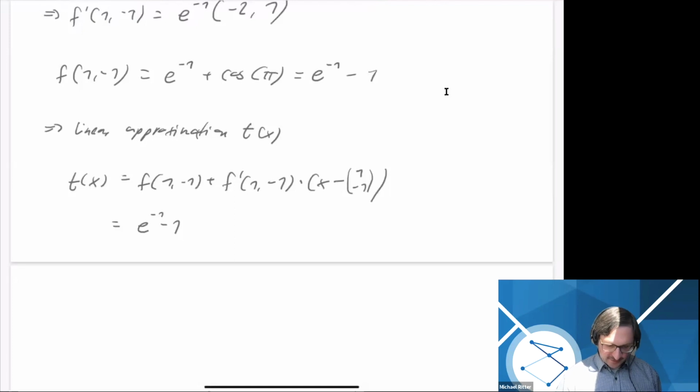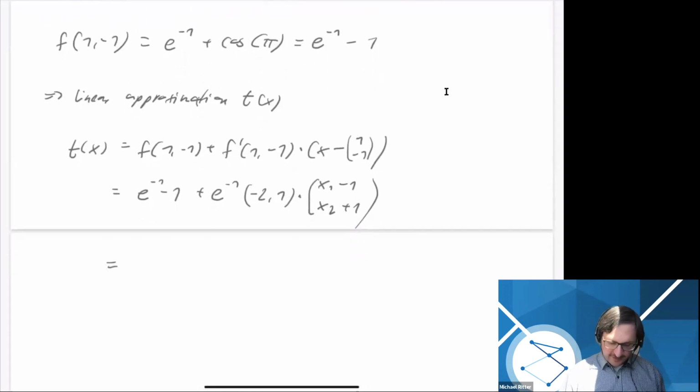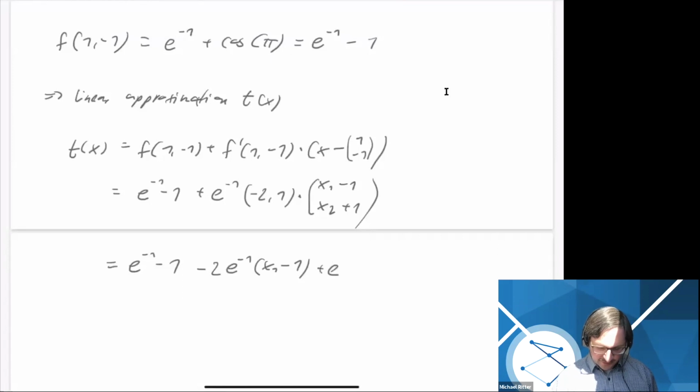Then this differential was e to the minus 1 times (minus 2, 1) times (x1 minus 1, x2 minus minus 1, that's plus 1). So we have e to the minus 1 minus 1, then minus 2 e to the minus 1 (x1 minus 1), and plus e to the minus 1 (x2 plus 1).